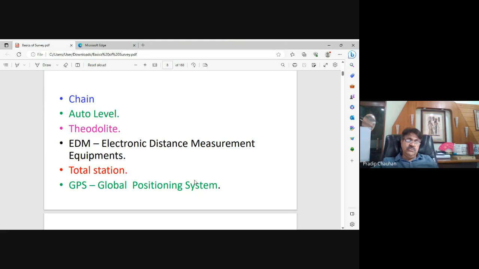There are so many satellites moving in space. Might be US satellites, might be Russian satellites, and nowadays Indian satellites are also there. There are receivers and transmitters, or you can say rover and base, where we receive the signals at a certain frequency, L1, L2, from the satellite, at a certain speed, about 4,000 meter per second, and the position of your GPS, that is a base or rover, from the satellite is then corrected.